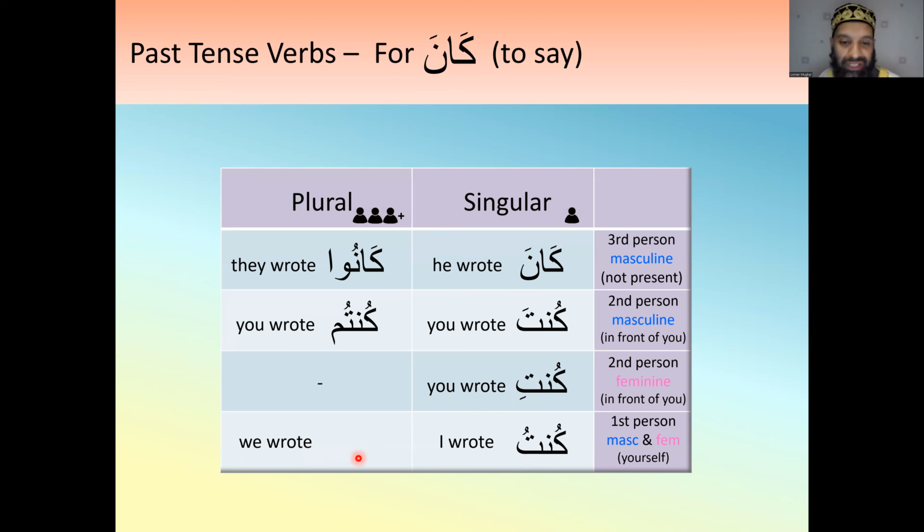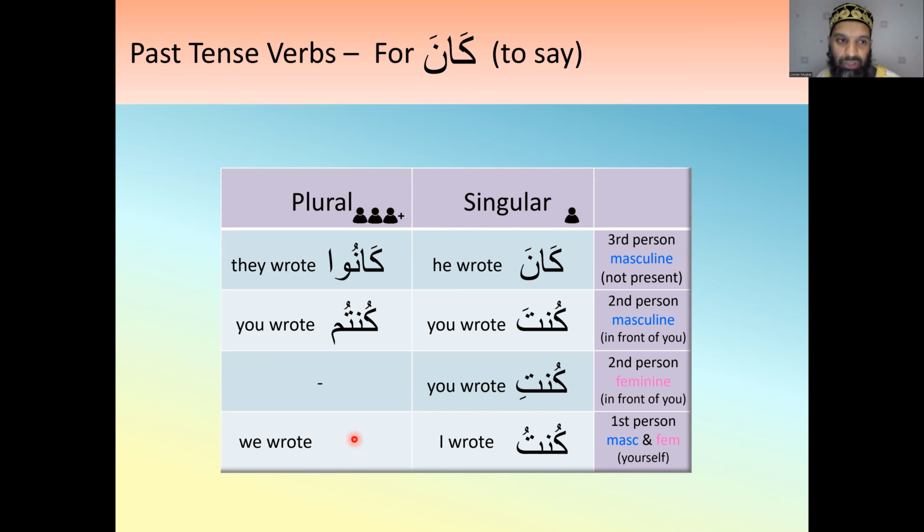How do you say we were? Okay, this one's a bit different. For qala, it was qulna. Now with kana, we've already got a noon, the noon of kana. So kun and then na. Somebody put qalna. You're putting the na on, which is good, but you're having a problem.